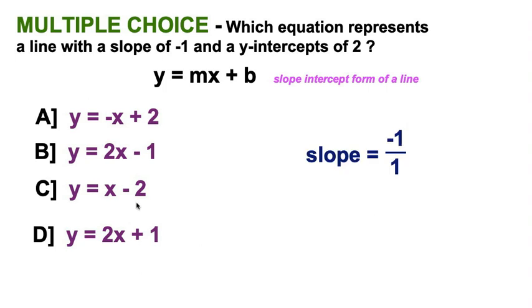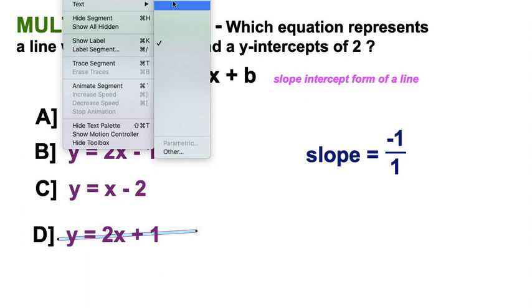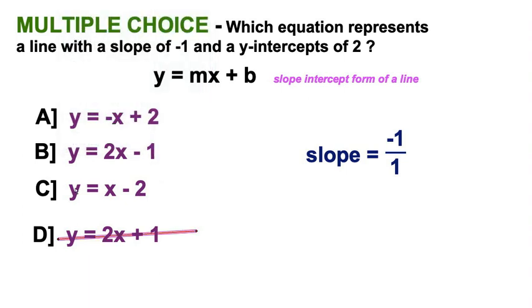On all of these, let's start here. This has a slope of 2. That's not it. This one also has a slope of 2.